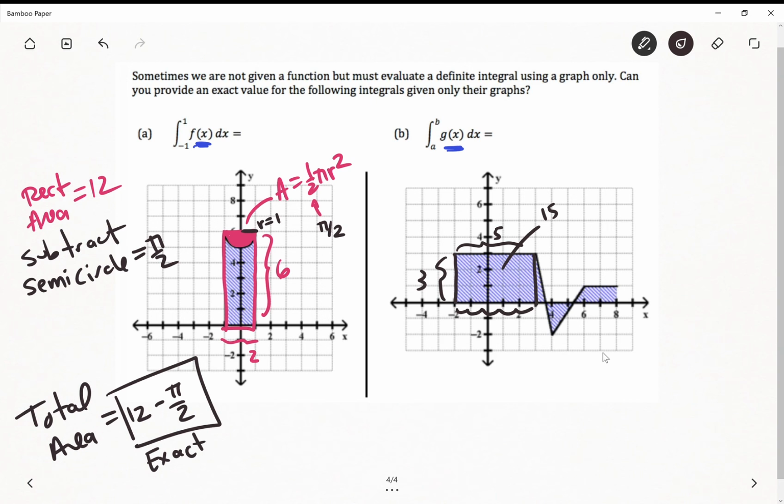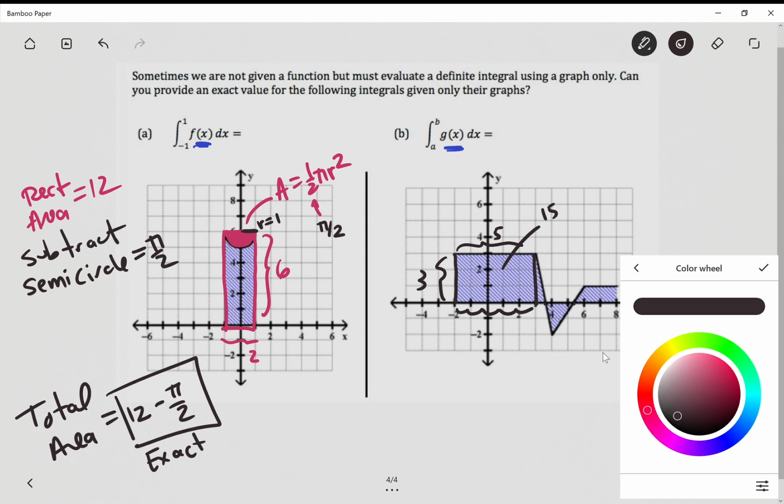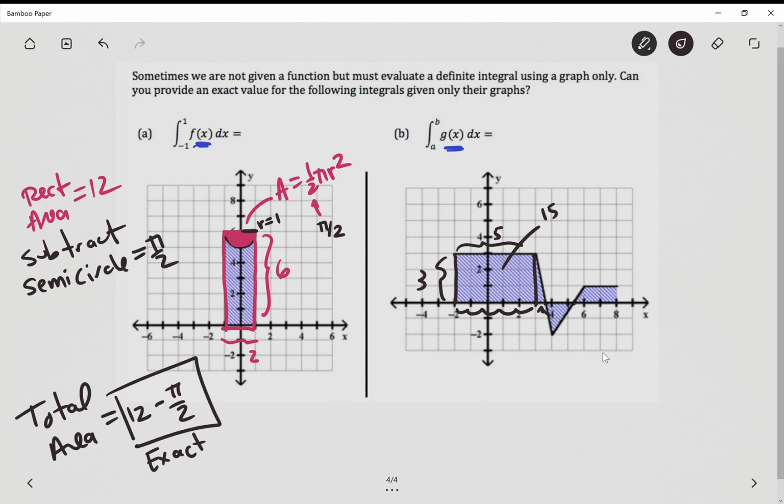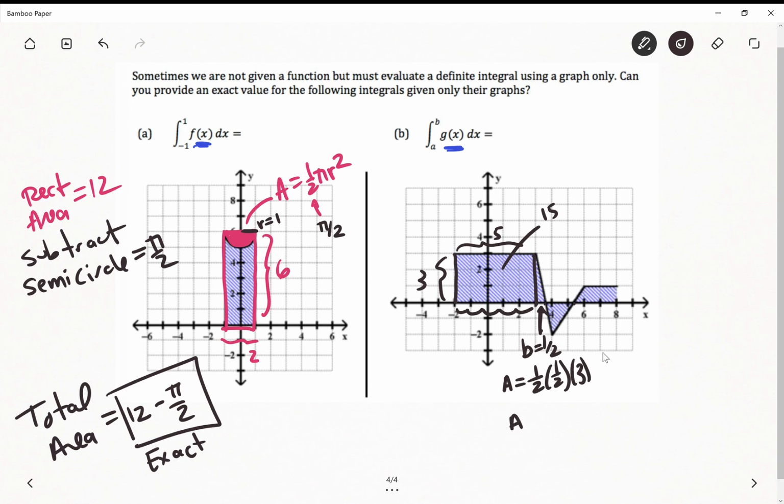These triangles we're just going to approximate. We're not going to find the exact intersects here. But if we take here a base of 1/2 and a height of 3, we can say that this triangle has an area of 1/2 times 1/2 times 3. So it has an area of 3/4.